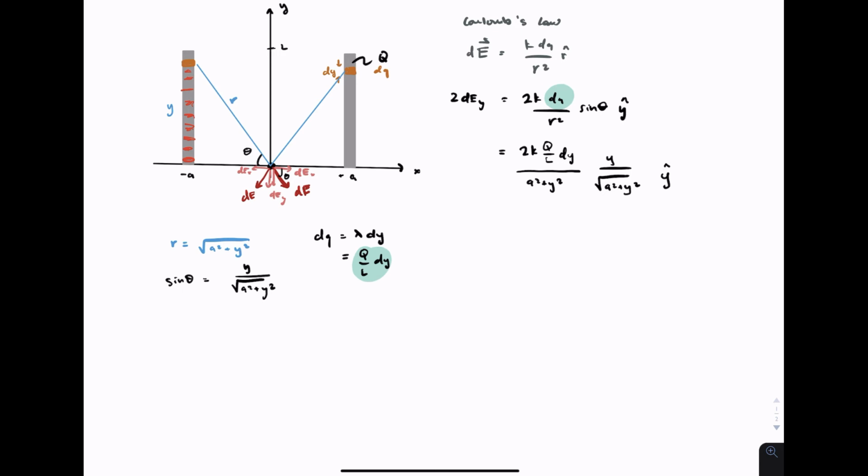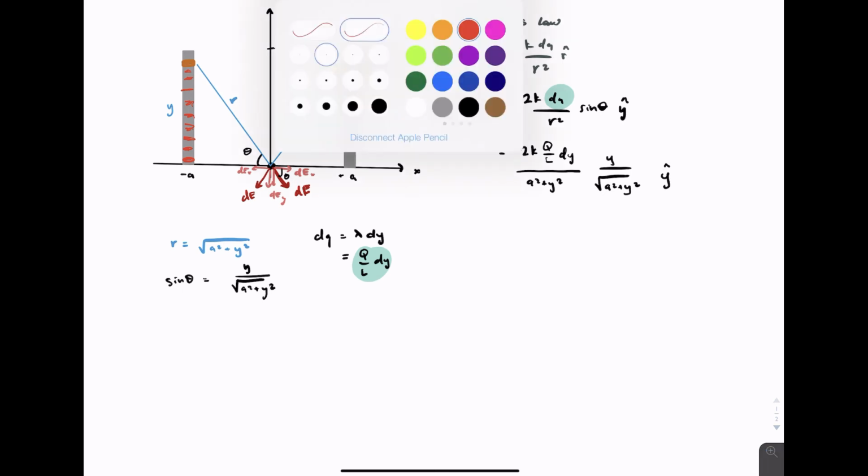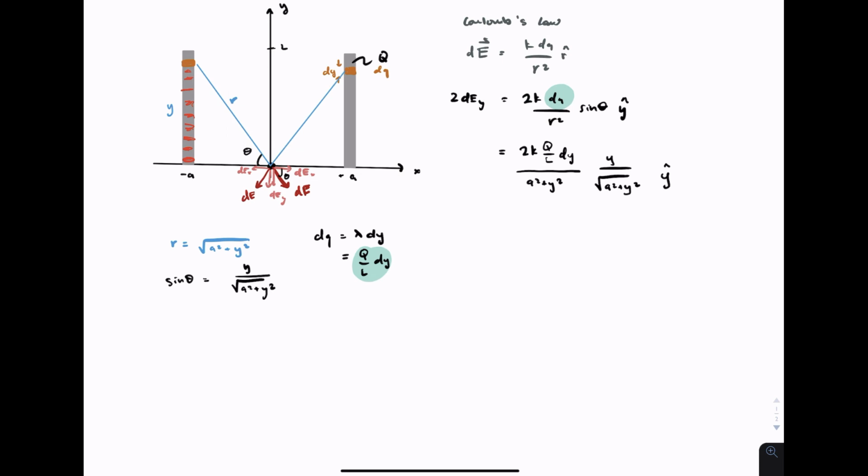So to represent that, we're basically integrating both sides. This one is simple. It just becomes 2Ey, right? This one goes from 0 to L. There's a lot of algebraic simplification, so we pull out 2kq over L, and this becomes y dy over a squared plus y squared to the 3/2, all in the y hat direction.